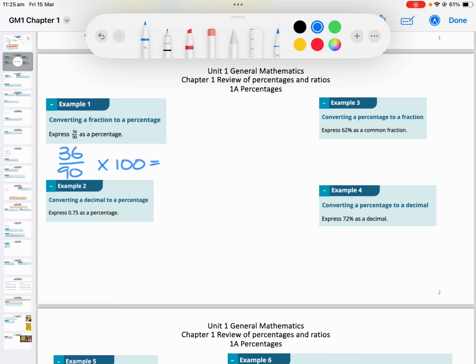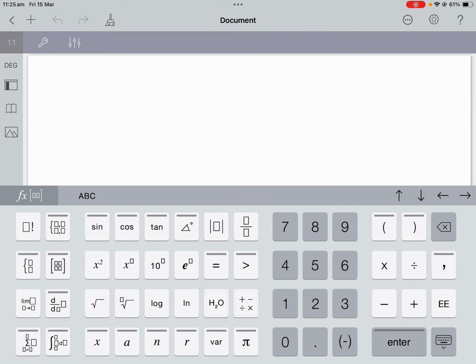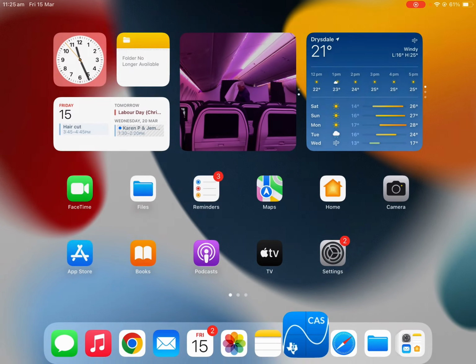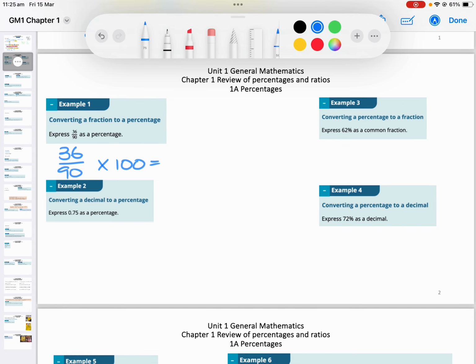If we grab our CAS calculator out, we go 36 divided by 90 times 100. Or we could enter it as a fraction. It doesn't matter, you're still going to get the same answer of 40. So 36 out of 90 is 40%.